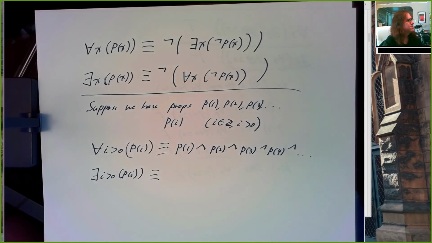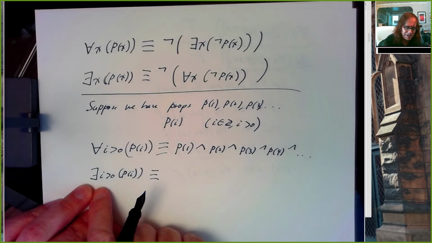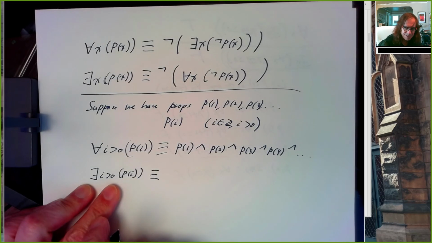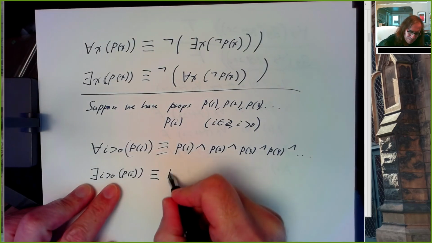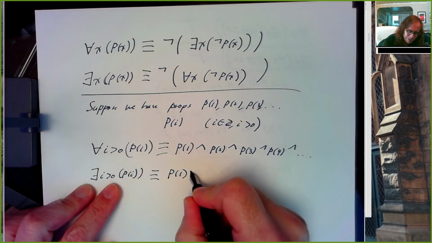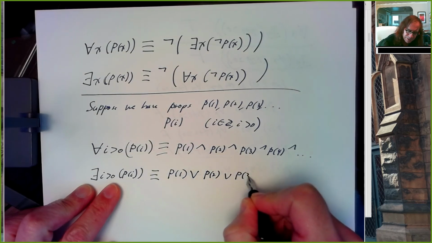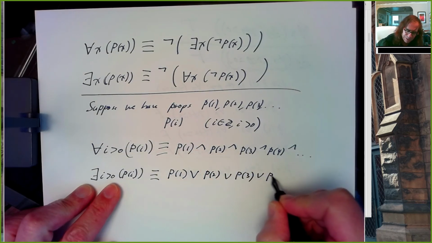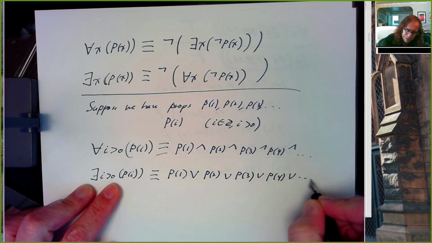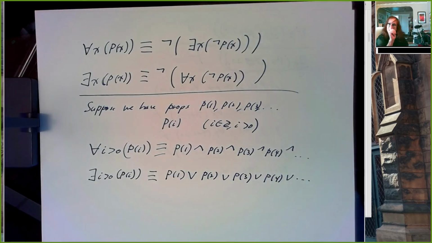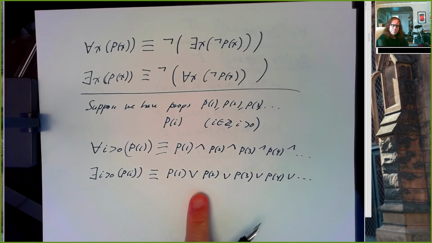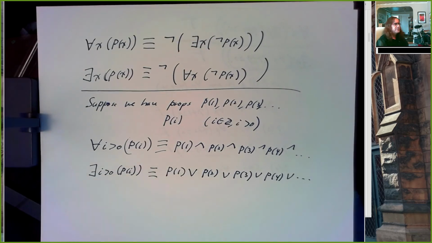Someone said it in chat: same thing but with OR, right? This says that for at least one value of I, P of I is true, which means maybe P of 1 is true, or P of 2, or P of 3, or P of 4, or, but somewhere there's got to be at least one I for which P of I is true. That's what this says.